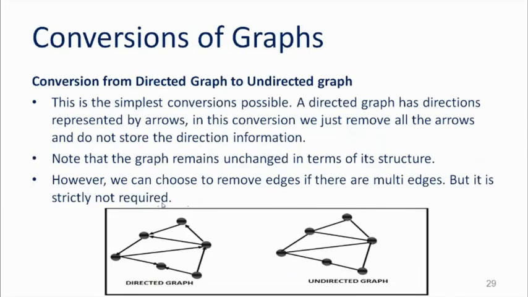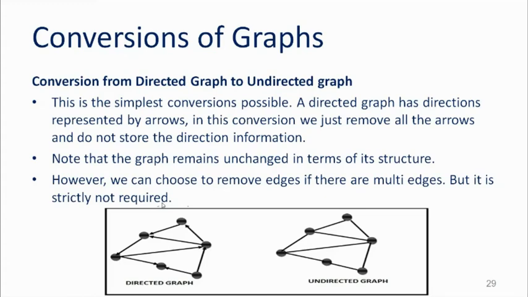Conversion from directed graph to undirected graph. This is the simplest conversion possible. A directed graph has directions represented by arrows. In this conversion, we just remove all the arrows and don't store the direction path information. Just don't store direction information. For example, 2 to 3, there is a path, and 3 to 2 is also a path.